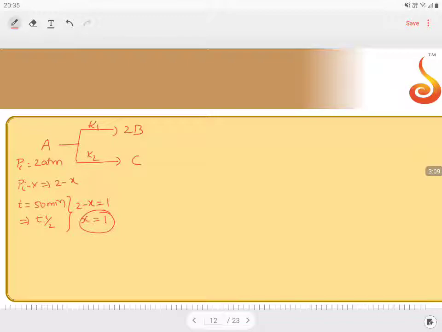Let us understand this with a simple formula. Now the amount of B formed, or you can say the partial pressure of B, is equal to the fraction of B formed into the stoichiometric coefficient of B into the x, which is coming from A. What is the fraction of B?